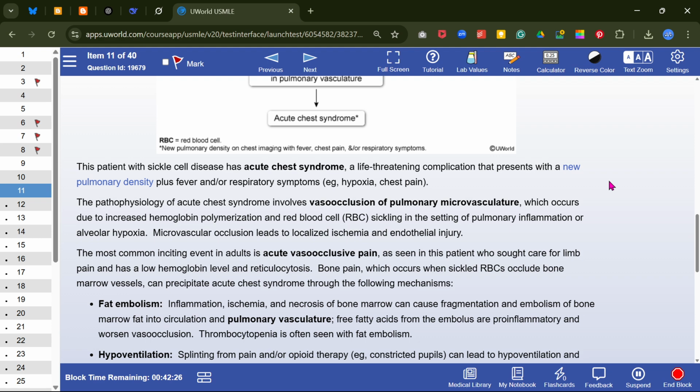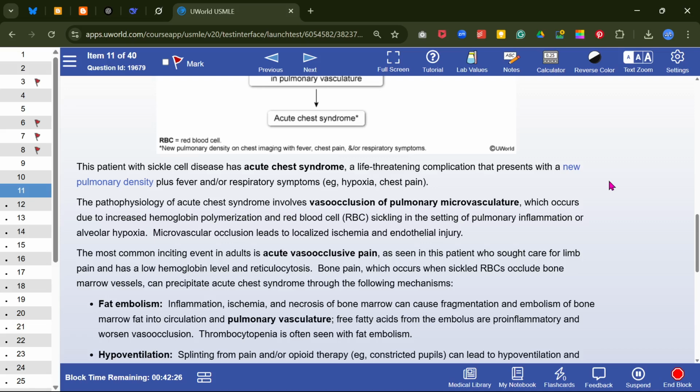Microvascular occlusion leads to localized ischemia and endothelial injury. The most common inciting event in adults is acute vaso-occlusive pain, as seen in this patient who sought care for limb pain and has a low hemoglobin level.